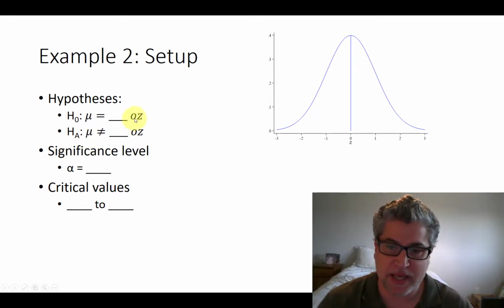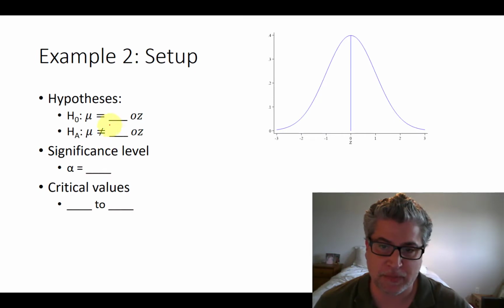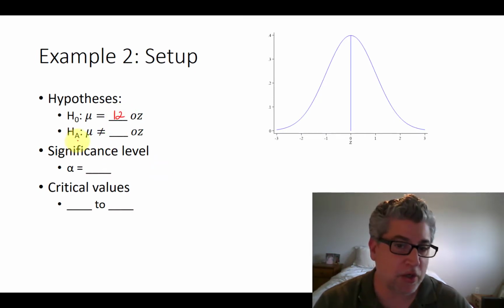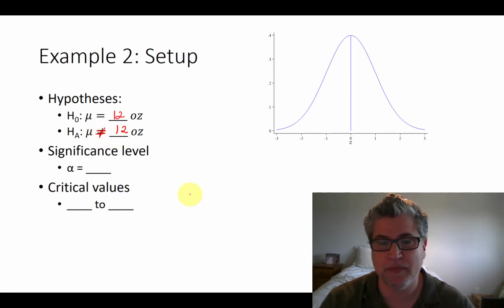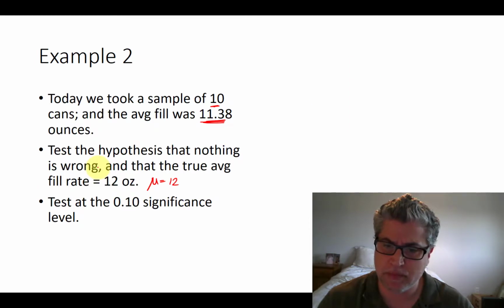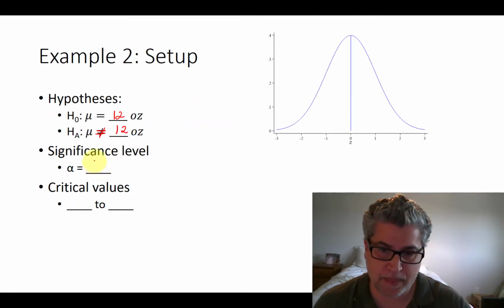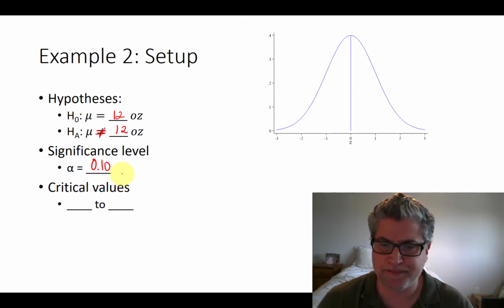The hypothesis is that we've got 12 ounces of filling, so that's if everything is working fine. Now the alternative is the logical complement of this. So in other words, it's not 12. We said our significance level was, what was it? 10%. In other words, 90% confidence kind of thing.